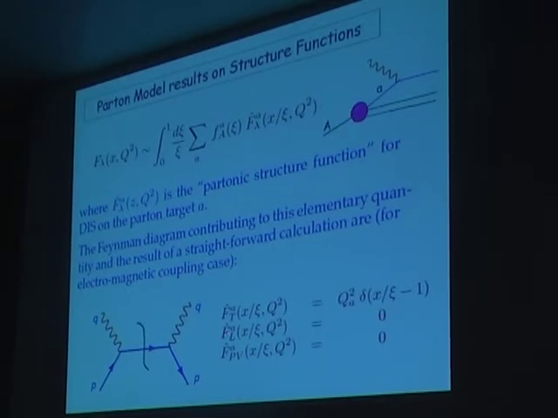The longitudinal structure function equals 0. That's the equivalent of the E plus E minus going into 1 plus cosine theta. The only non-zero part is the transverse part, which is proportional to the charge of the parton. This is totally identical to the results of E plus E minus at the leading order I mentioned. All right?